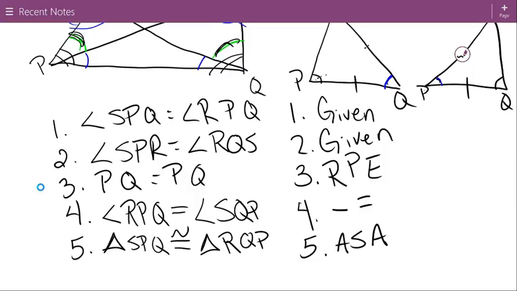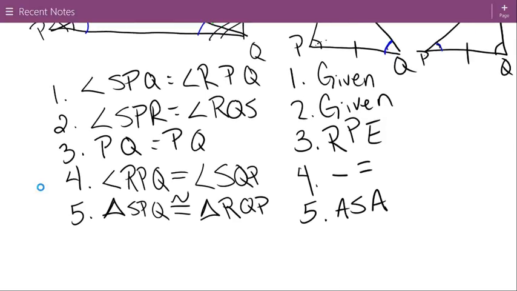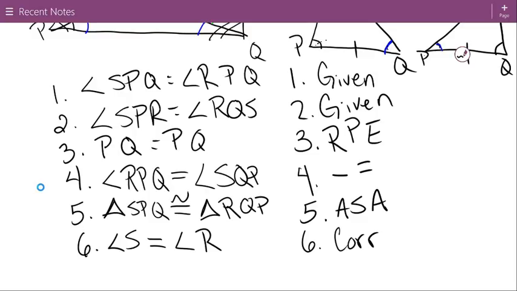If that helps you keep it in your head, that's fine. I'm not going to require you to say which steps you proved that those are in, because it's in your proof. And then, if our triangles are congruent, step 6, angle S would then be equal to angle R because of corresponding parts. Lots of abbreviations, and that's fine, as long as we're using the same abbreviations, that's okay.